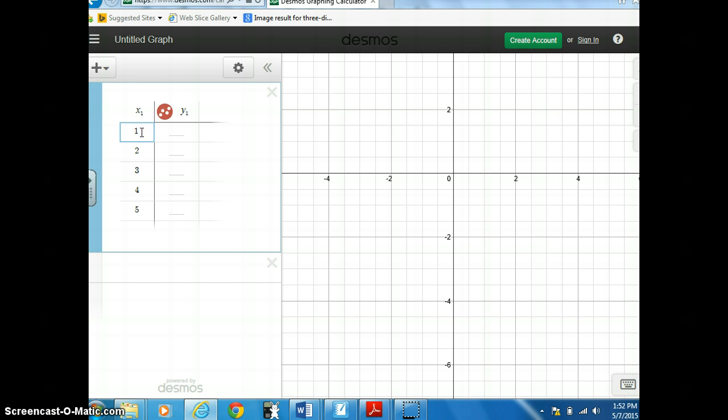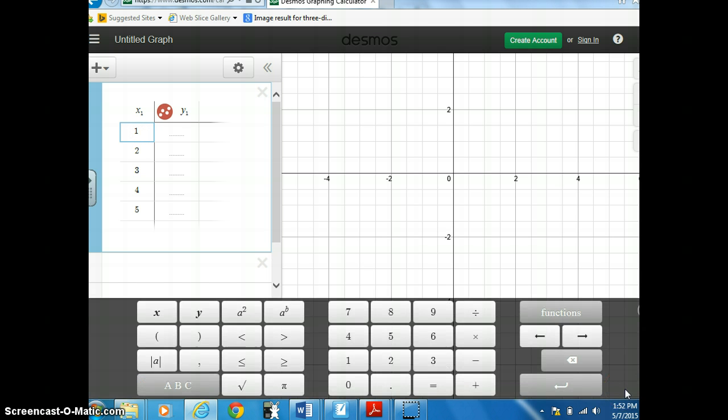So x is going to be my time, which is for my x, so 0, 5, 10, 15, and 20. And I want to delete those other values.